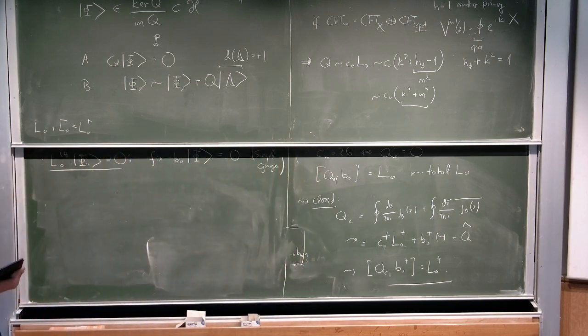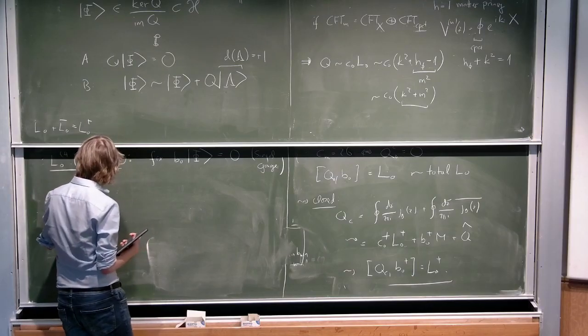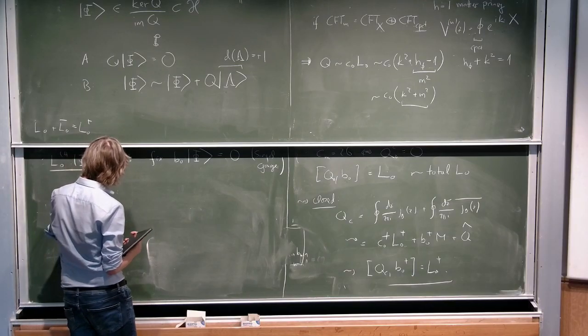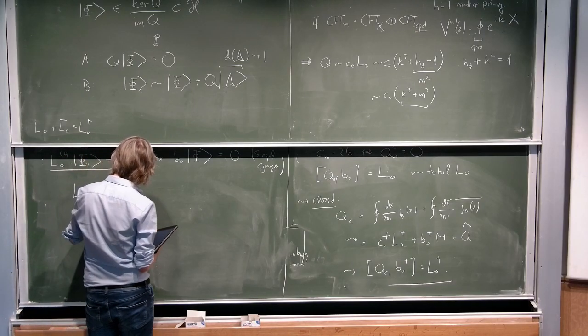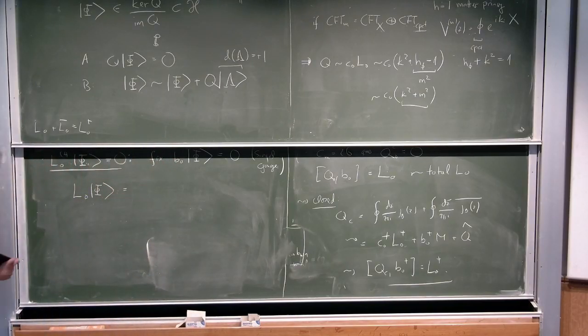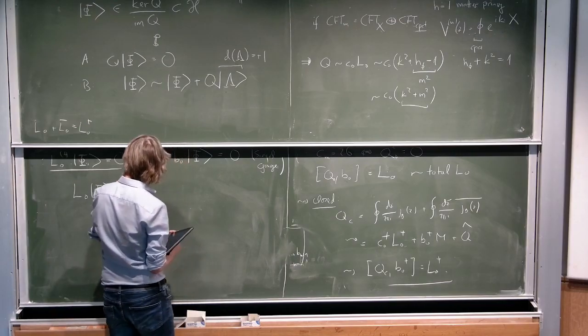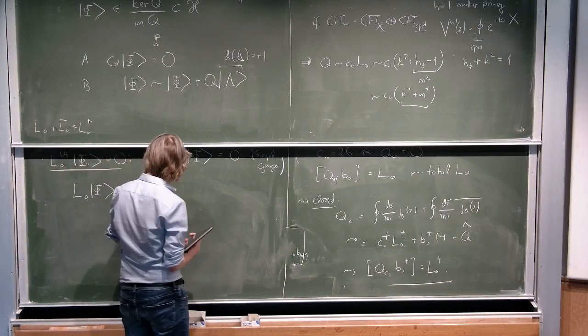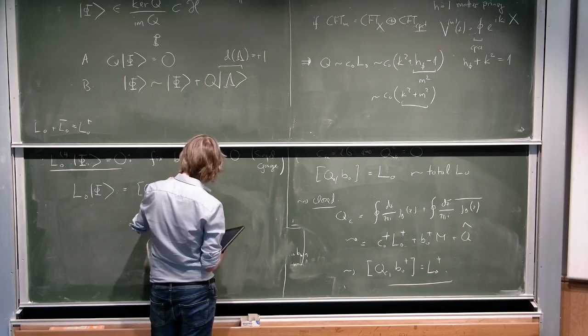So assuming that we are able to fix the Siegel gauge, if we act with L0 on a representative of the cohomology which satisfies the Siegel gauge condition, we can expand L0 as an anticommutator of Q and B0.